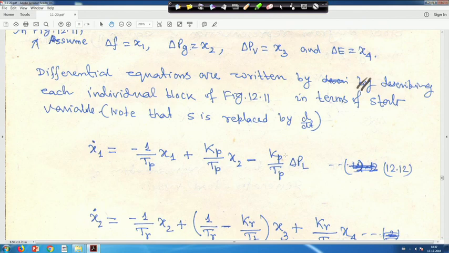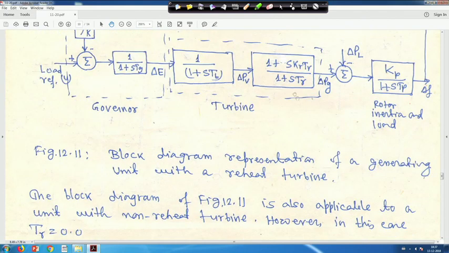Right. One more I have to show you, because one derivative term is there in the numerator in this block. So, if it is x2 and this is x3, first this is x1, this is my x2, this is x3 and this is x4, right. In this case, x2 is equal to x3 into this term, but there x3 dot will come.